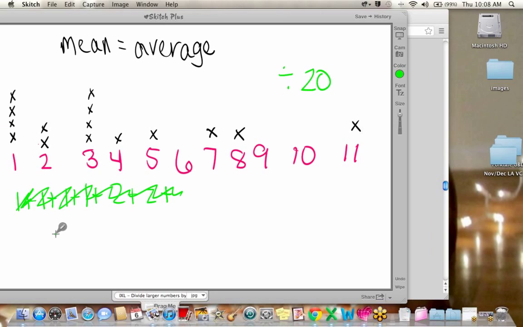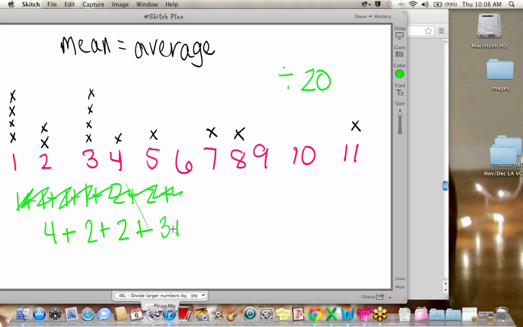What's 4 times 1? 4. You could probably do this in your head. Plus 2 plus 2. And then we have 4 kiddos who went 3 times.